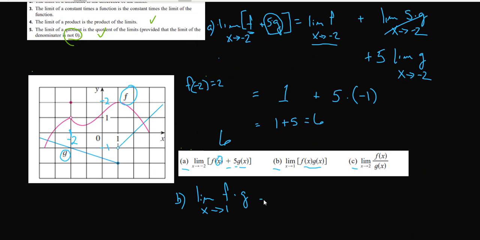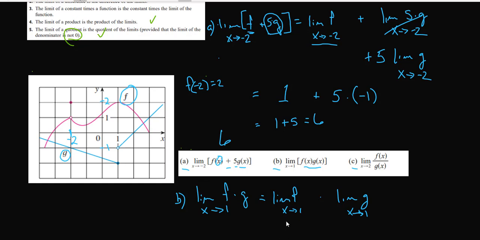So we're allowed to rewrite this as the limit of f times the limit of g, because otherwise we don't really have any way to answer this question, but now we do.